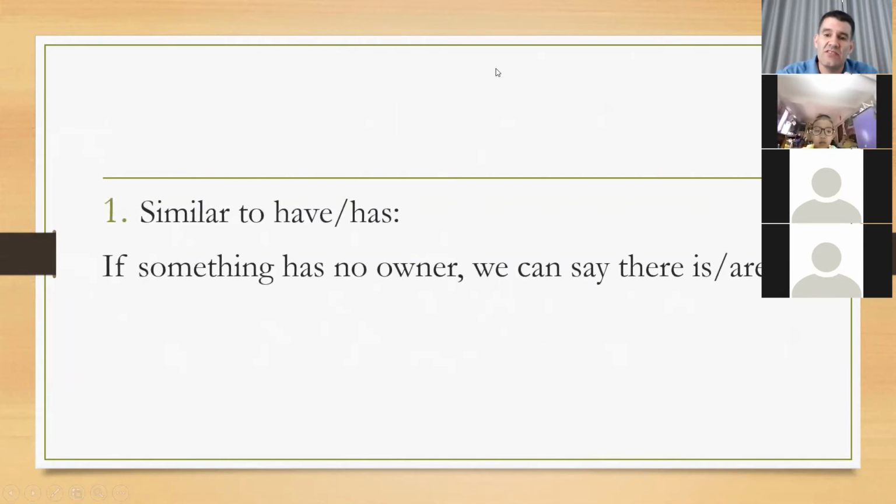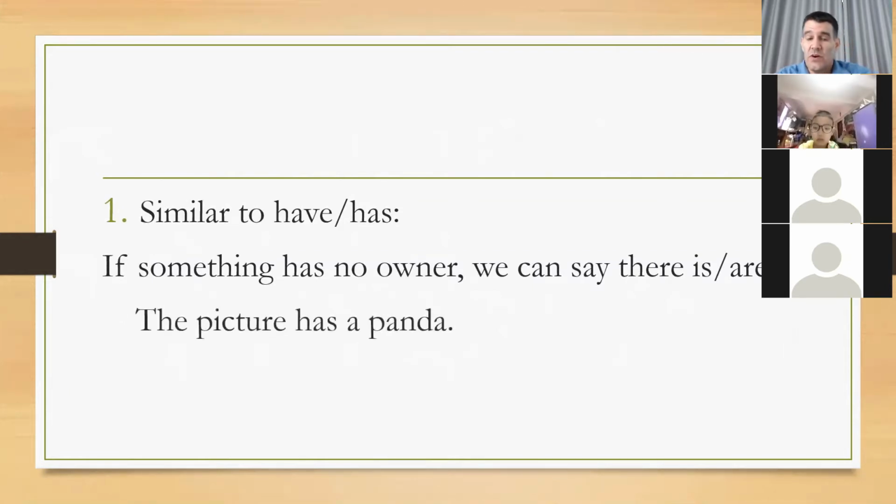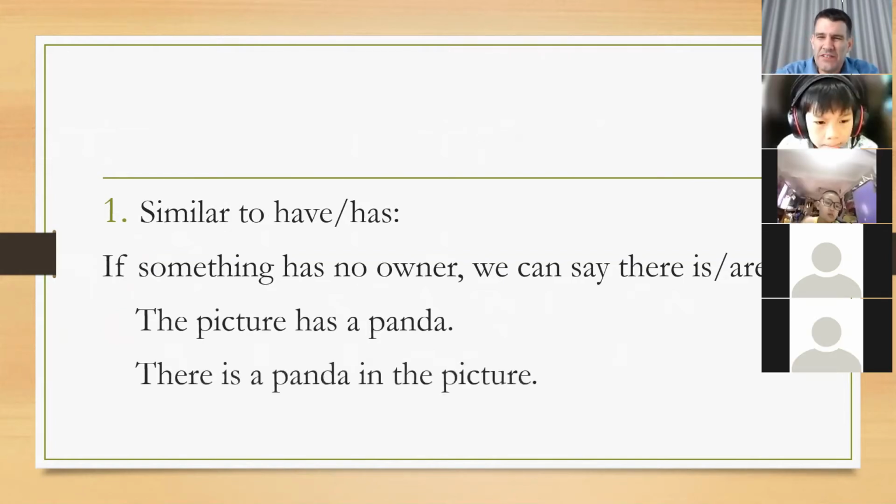If something has no owner, we can say there is or there are. So I will show you a picture. The picture has a panda, but the picture doesn't own the panda. It doesn't belong to the panda. So usually we'd say there is a panda in the picture.